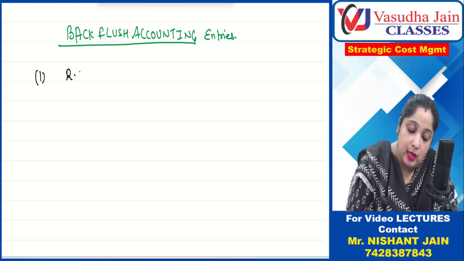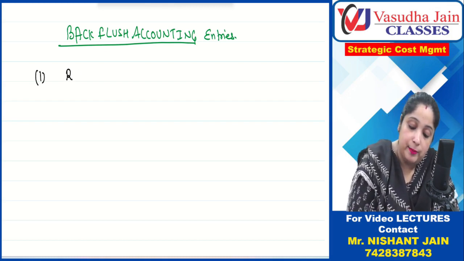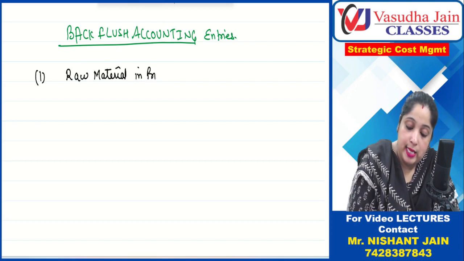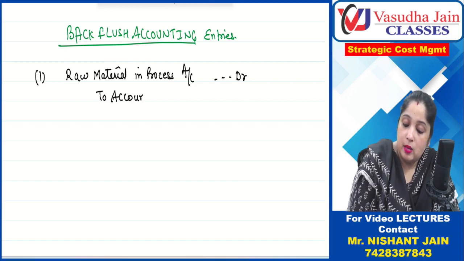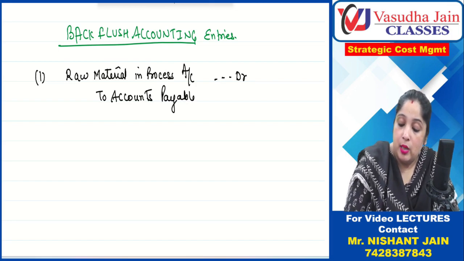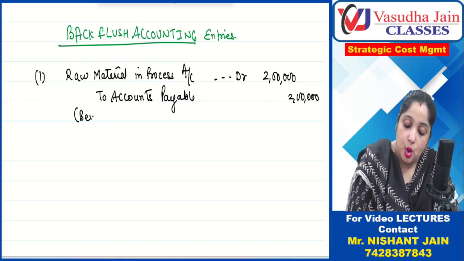So raw material in process account debited to accounts payable. How much? It is 2 lakh, right? Being raw material purchase.